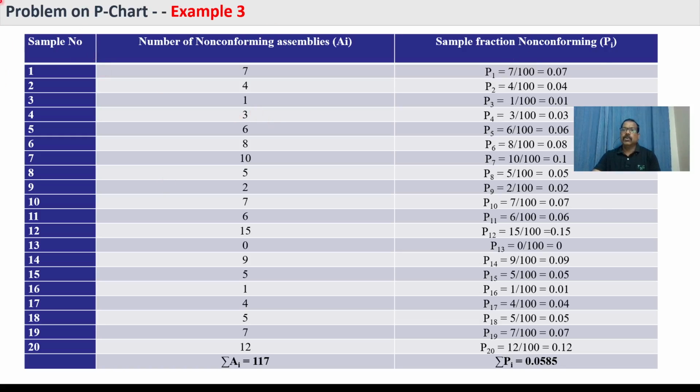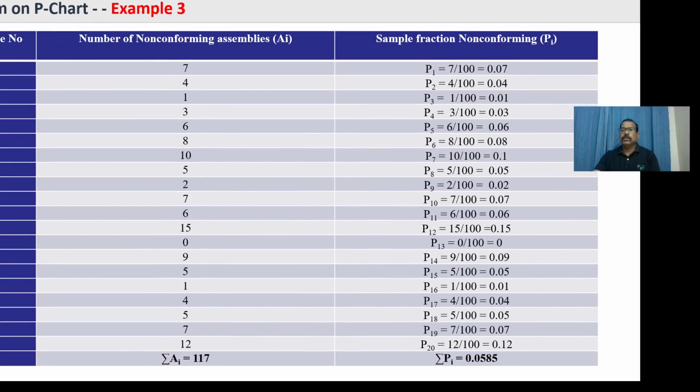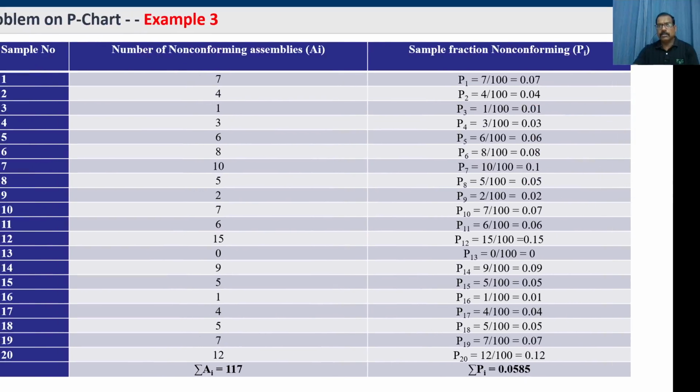Since you know all the data, you have to calculate each p, then the summation of p, and from that summation you can get the p bar. The number of defectives, from all 20 samples, gives 117 defective items as the overall summation, and the summation of p1, p2, p3, p4 and so on.